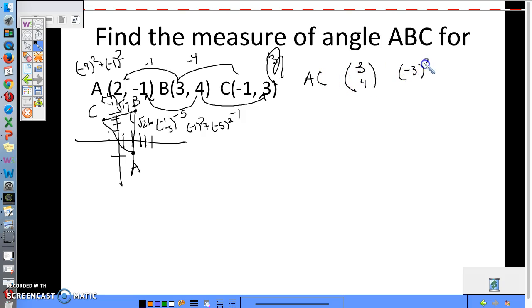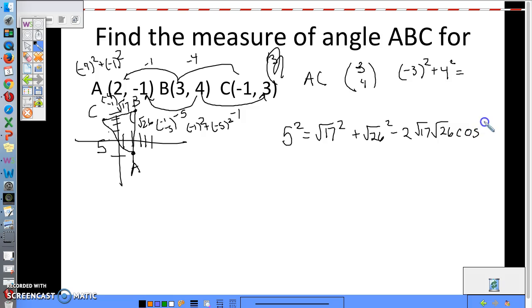So negative 3 squared plus 4 squared. 9 plus 16. All right, well that would be 25. So this is 5. So now we can set up that law of cosines again. 5 squared equals root 17 squared plus root 26 squared, minus 2 root 17 times root 26 times the cosine of theta, and then you would solve it again.